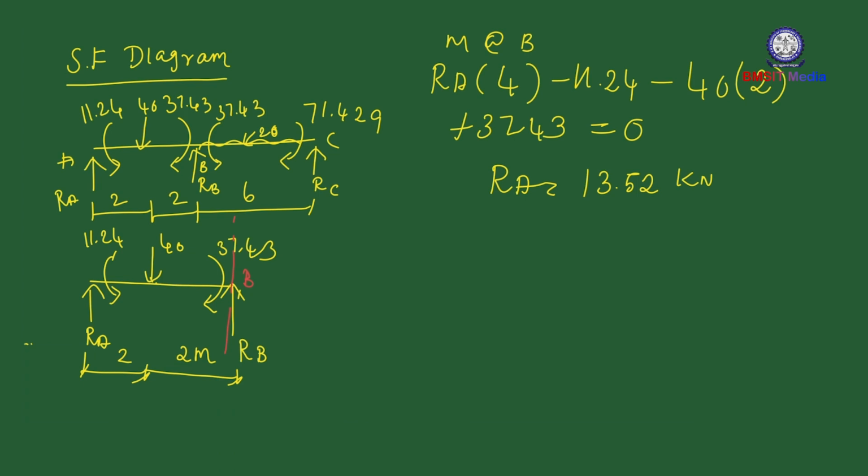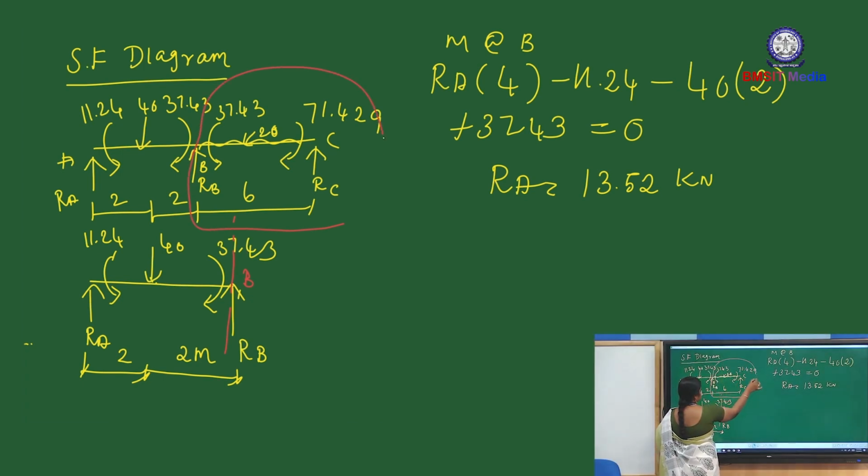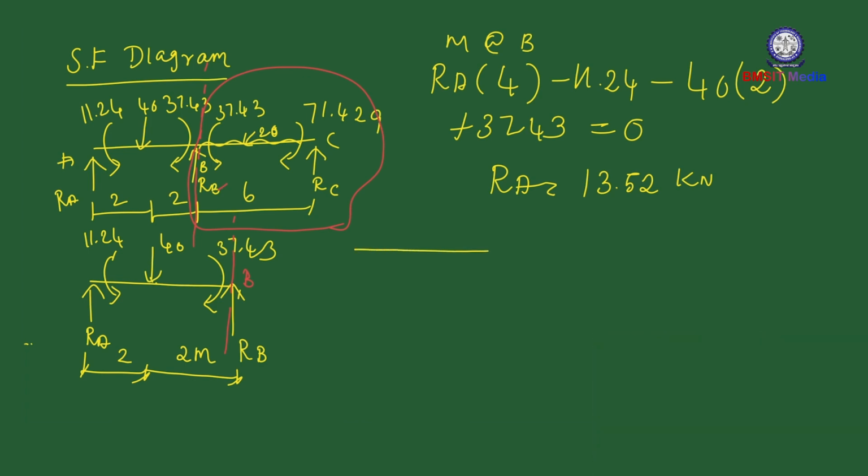Next we have to calculate RC. So consider only this portion. Take this section, left side of span BC. Either we can consider this one, otherwise this one. So this is RB and this one is RC.